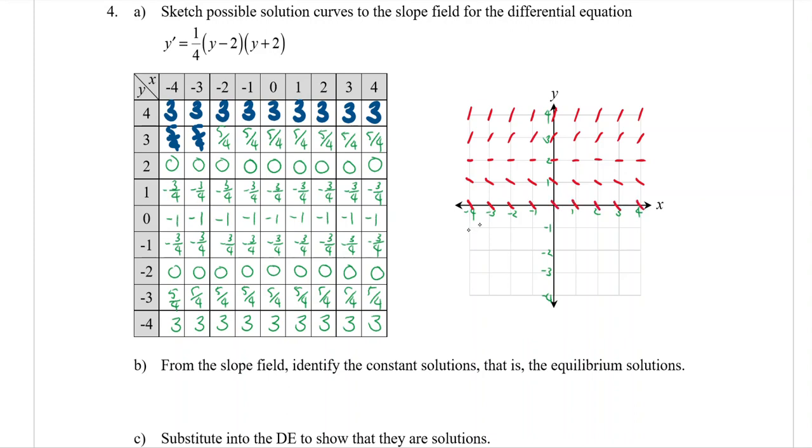Then we're back to -3/4 again. So not a lot of change in gradient in there. Then at -2, we're back to 0 gradients. At -3, we're back to +1.25, so just over 45 degrees.